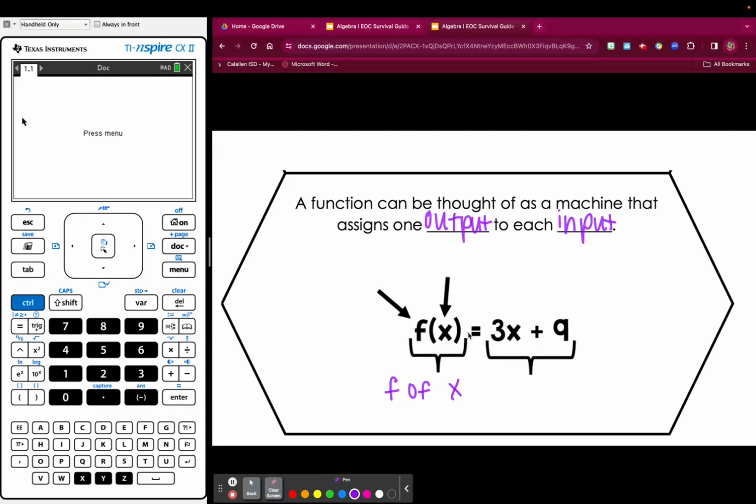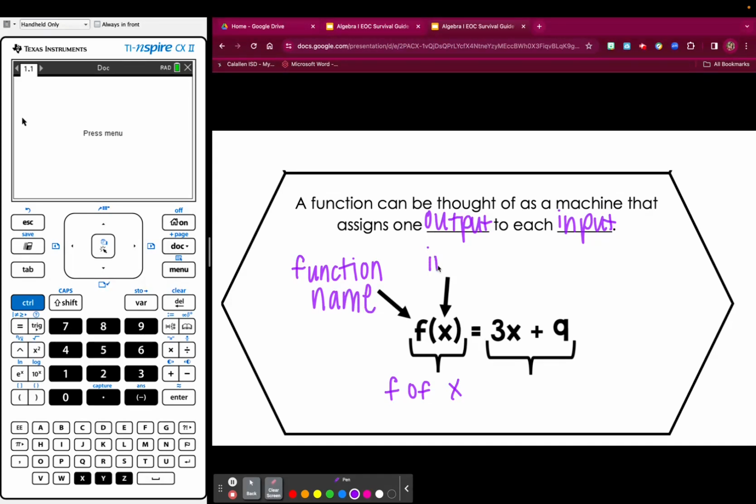We saw that a lot when we went over quadratic functions and how they were transformed. Now, this letter f is the function name. So remember, we can have h of x, g of x. That would be the name of the function. So our function name is f.